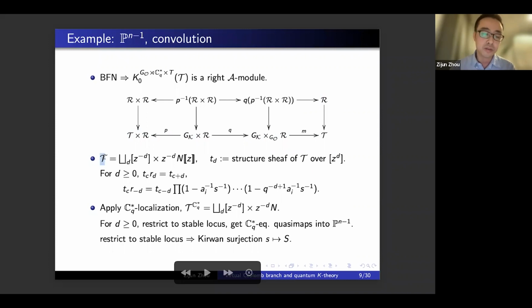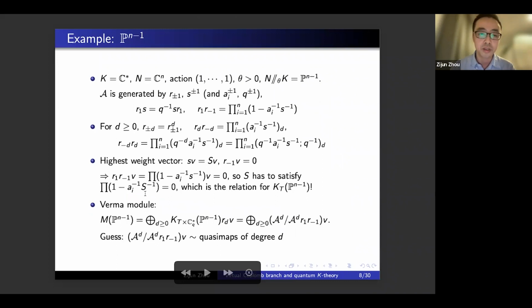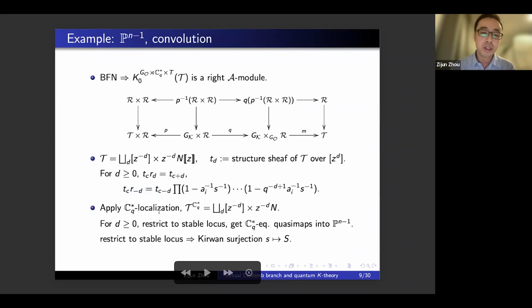And you can also look at this T and take the structure sheaf of this T over the points of the affine Grassmannian, and you can also compute explicitly the action of these generators R sub D on these generators of the K theory of T, and you write it explicitly, and you can see that this action is exactly the same as the action of this Verma module, actually.